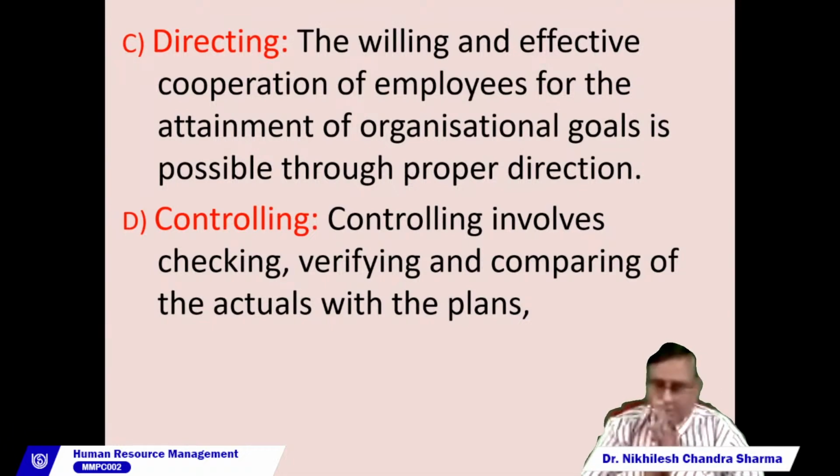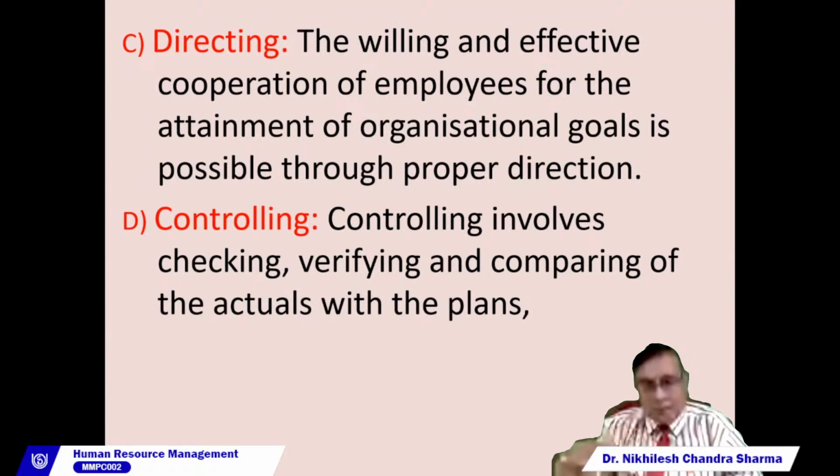When there are deviations, when the plans and the actuals are not correlated and are not equal, if there is a big gap between the planned and the achievements, then there is a need to control, and there is also the point of analysis of why these specific deviations are coming.